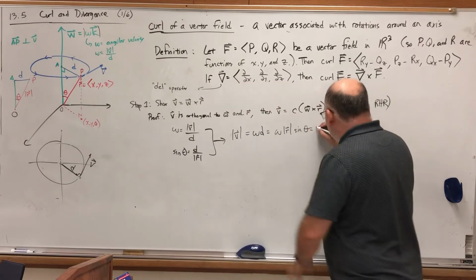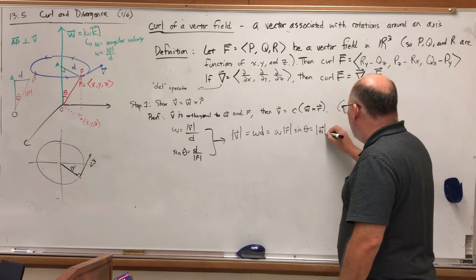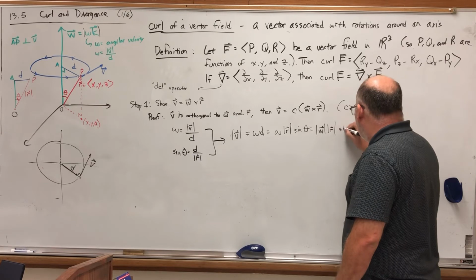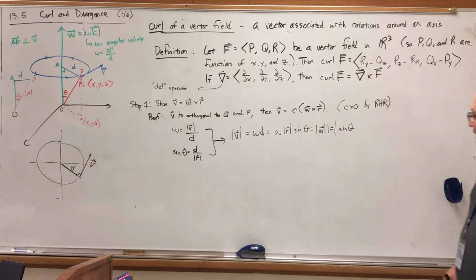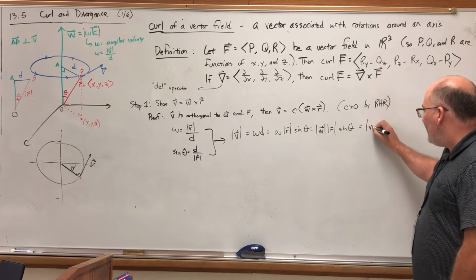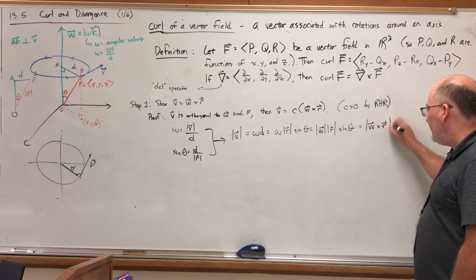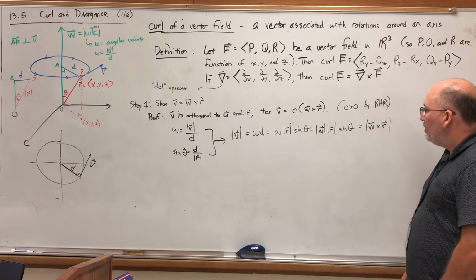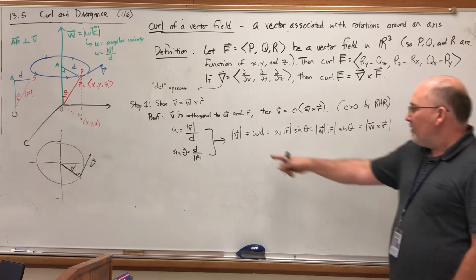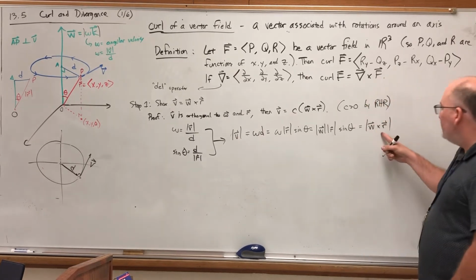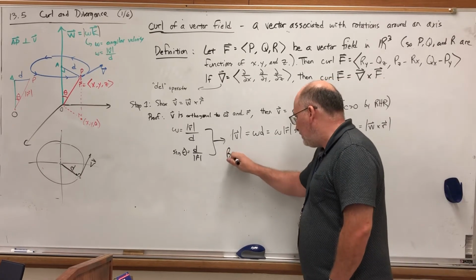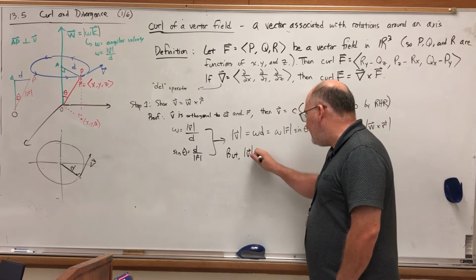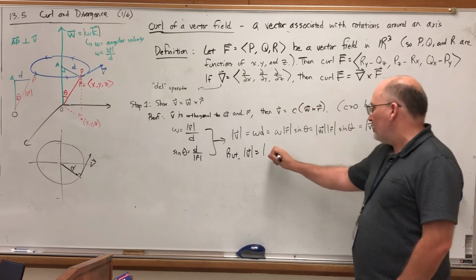So omega is the magnitude of W. We have magnitude of W times magnitude of R times the sine of theta, but that's precisely the magnitude of W cross R. It's the magnitude of the cross product. So here's what we know. The magnitude of V is equal to the magnitude of the cross product of W and R. But we also know the magnitude of V is equal to the magnitude of C times the cross product.